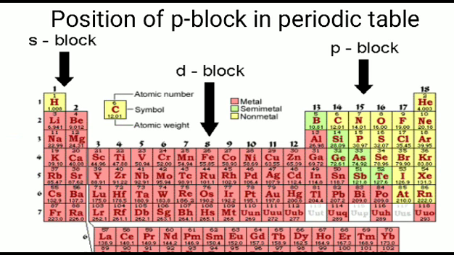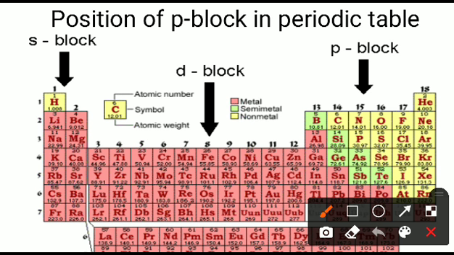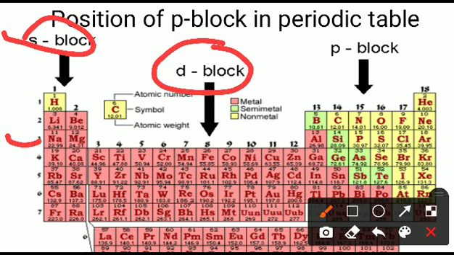At the left side, this is the s block element. This includes alkali and alkaline earth metals. At the center there are the transition elements. This is also called the d block elements, and to the right there are the p block elements.